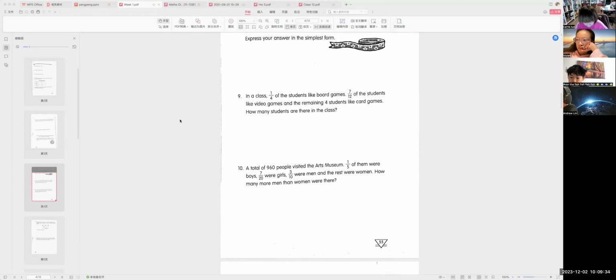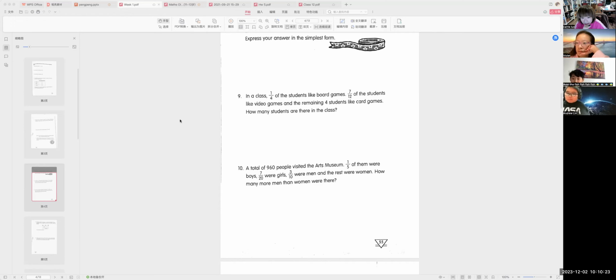Okay, number 10. The total of 960 students visited the art museum. 1/5 of them were boys, 7/12 were girls, 3/10 were men, and the rest were women.